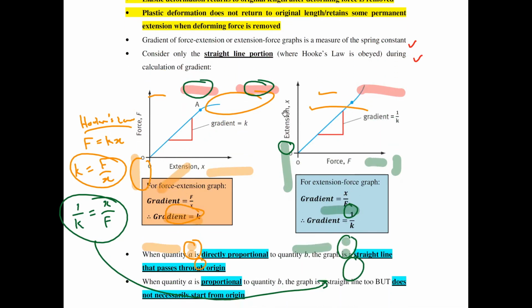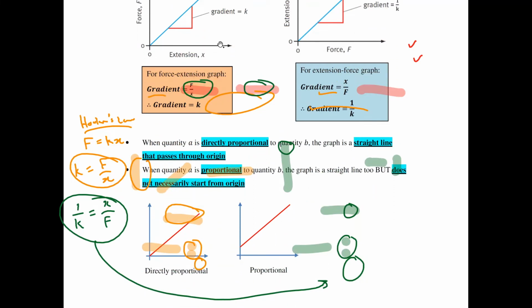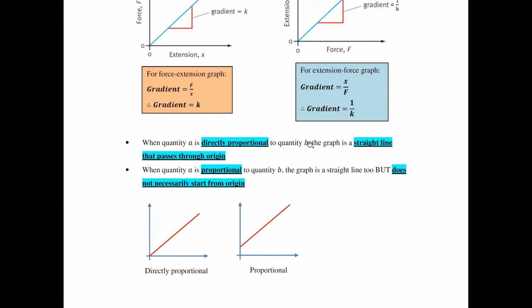Okay. Right. And then if you move to the bottom part here, there is a little bit of maths that I need to go through with you. Now, when we say that a quantity A is directly proportional to quantity B, the emphasis here is directly proportional to B. The graph that you get is always a straight line that passes through the origin.